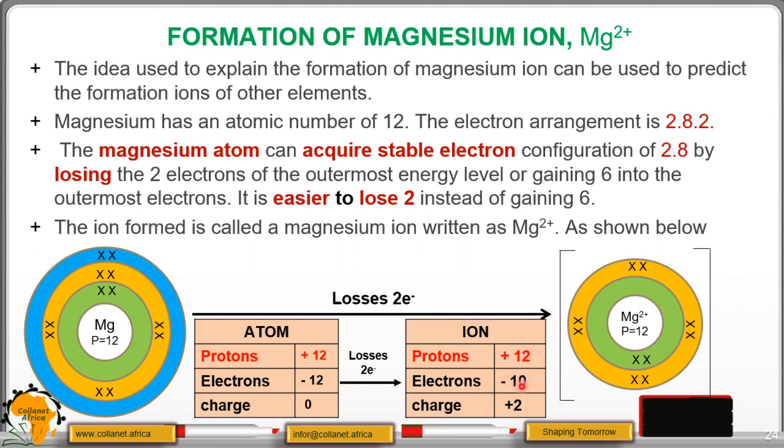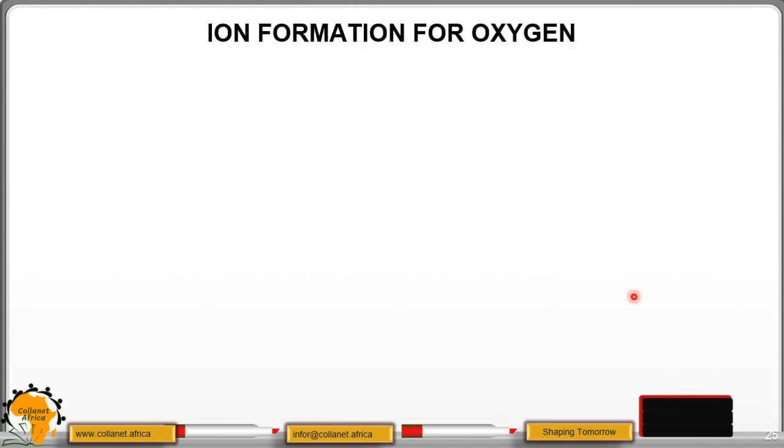When you add them, you'll get positive 2. So this positive 2 is now indicated outside this bracket, and that is why magnesium forms cations, which are positively charged particles.